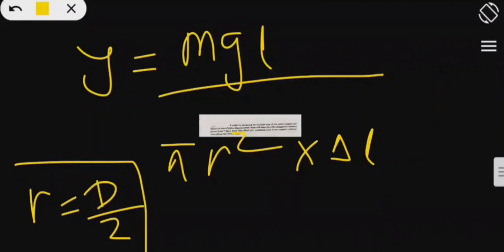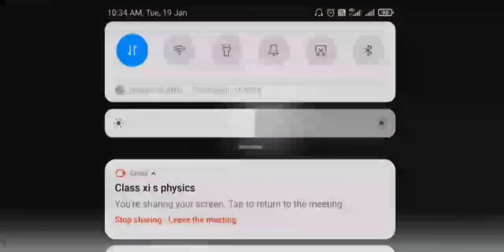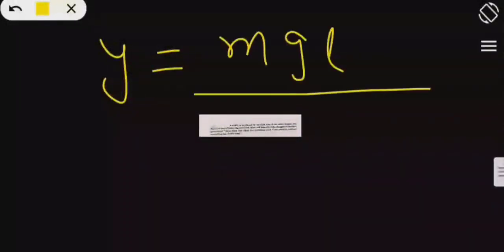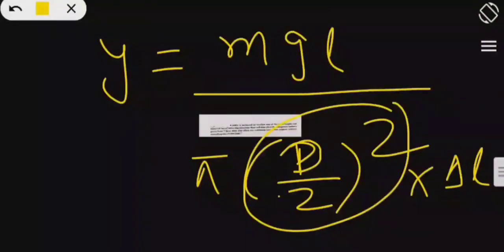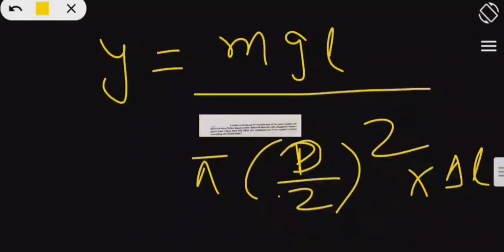Shall I rub? So this one is Y equal to mgl whole divided by pi, instead of that r I can write d by 2's whole square, multiplied with delta L. So d by 2's whole square will become d square by 4.